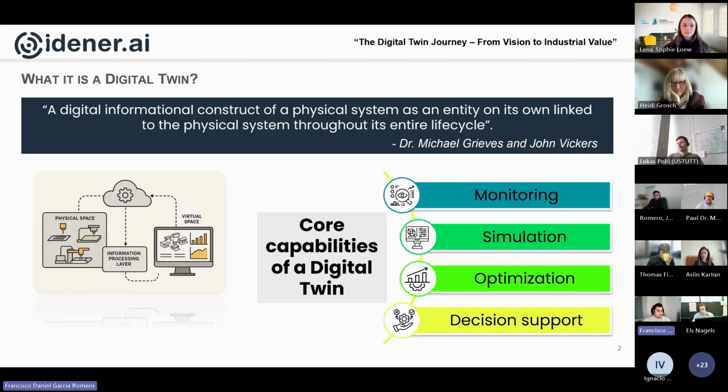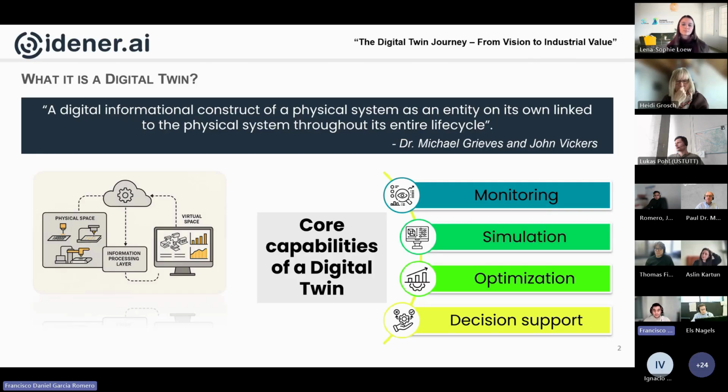Next, the core capabilities of a digital twin, what a digital twin must and can do, are four main core capabilities. First is monitoring. They allow the real-time observation of the physical system. They allow you to simulate it, do virtual experimentation of it.